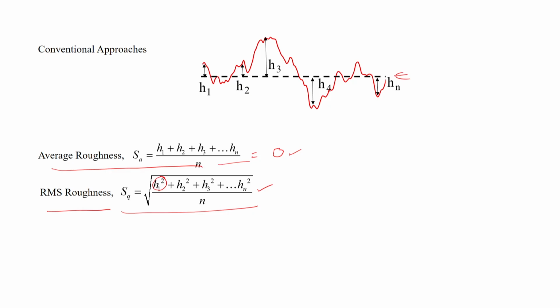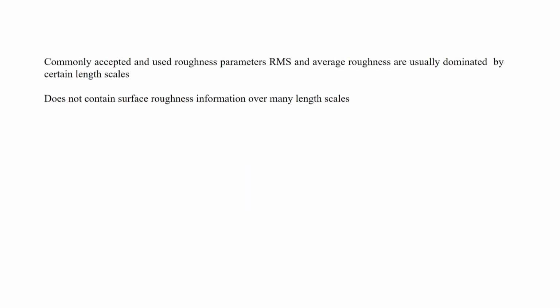Now how good is this RMS roughness estimation for our surface? When we do this RMS roughness, the average roughness of course does not make much sense. I will show you in a minute that the RMS roughness is dominated by certain length scales.